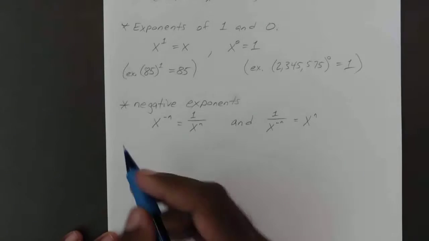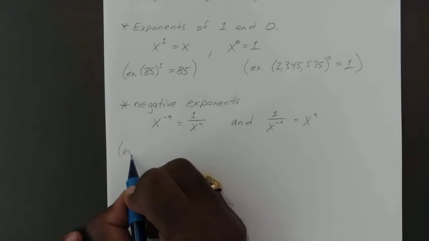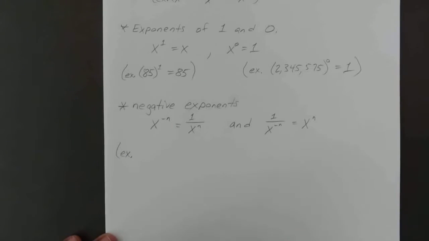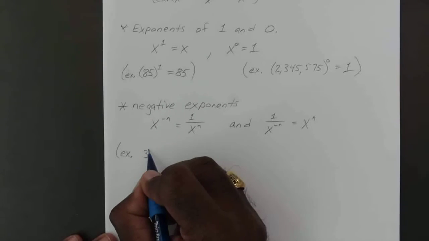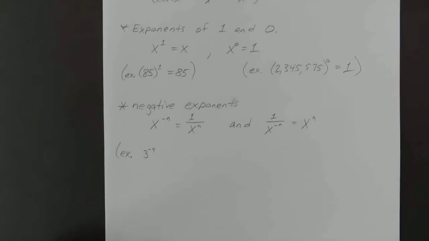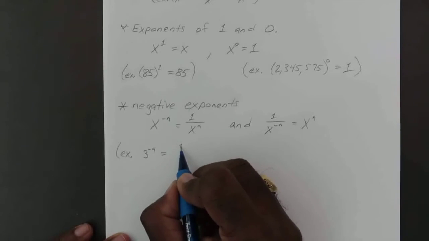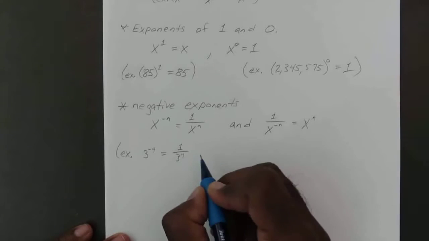Okay. So an example of this one would be if you had, say, 3 to the negative 4th power. That would be 1 over 3 to the positive 4.